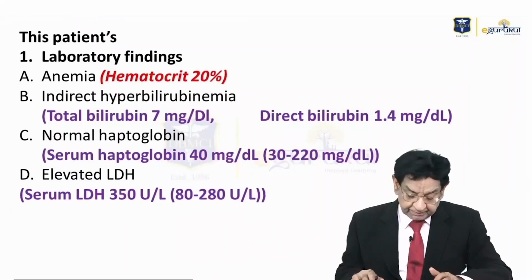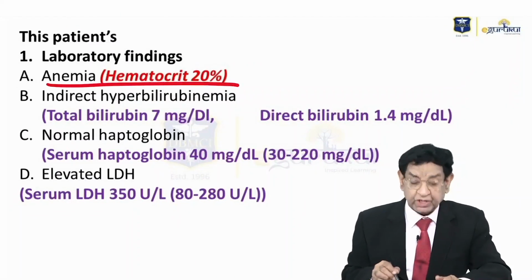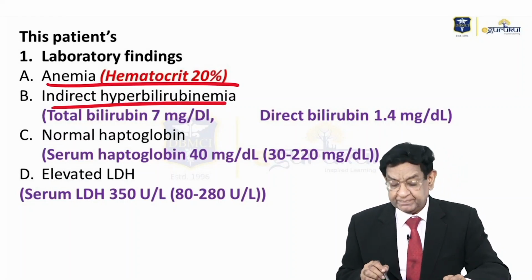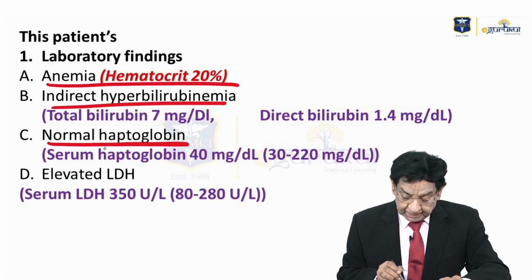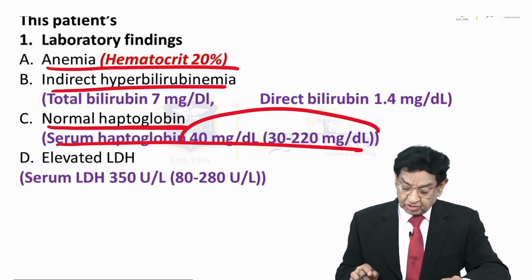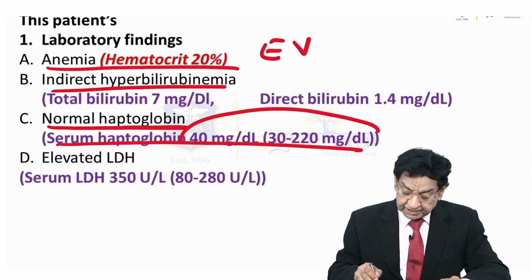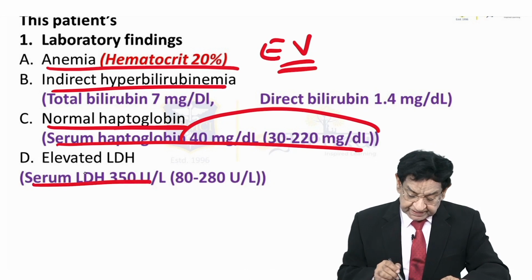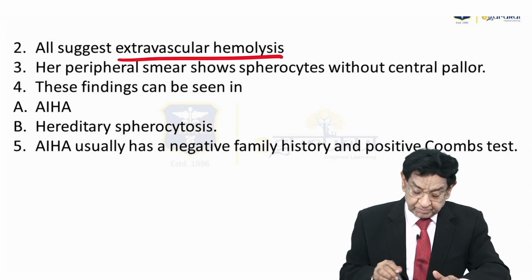Now in our patient, anemia is there, hematocrit is low, 20%. Indirect hyperbilirubinemia, normal haptoglobin level. You can see it is in the normal range. That means it's mainly extravascular hemolytic anemia, not intravascular. LDH level increased, that again indicates hemolytic anemia. All suggest extravascular hemolytic anemia.